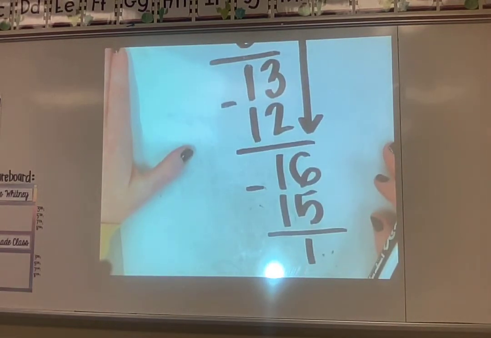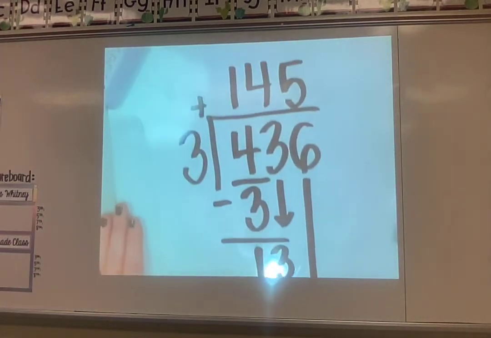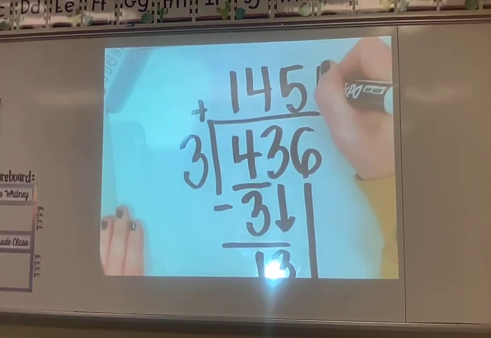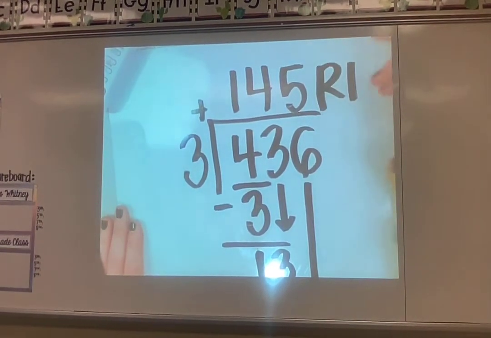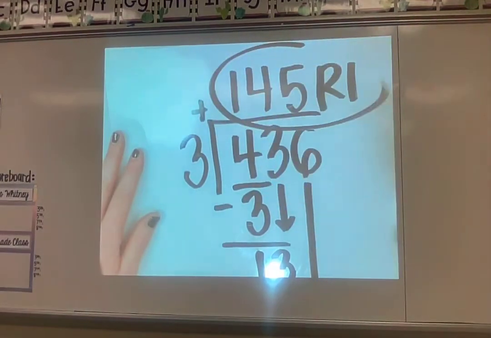So what is that 1 going to be if I don't have anything to bring down? That will be my remainder. So I'm going to go back up here and put capital R1. Remember, if we have a remainder, it has to be a capital R. So 145, remainder 1. Okay.